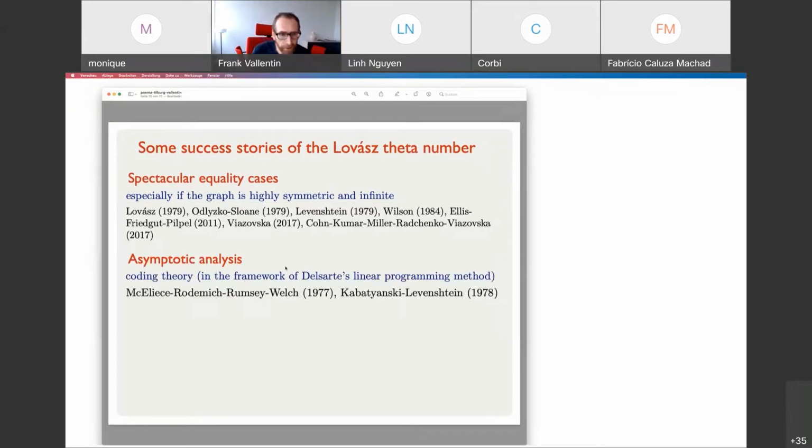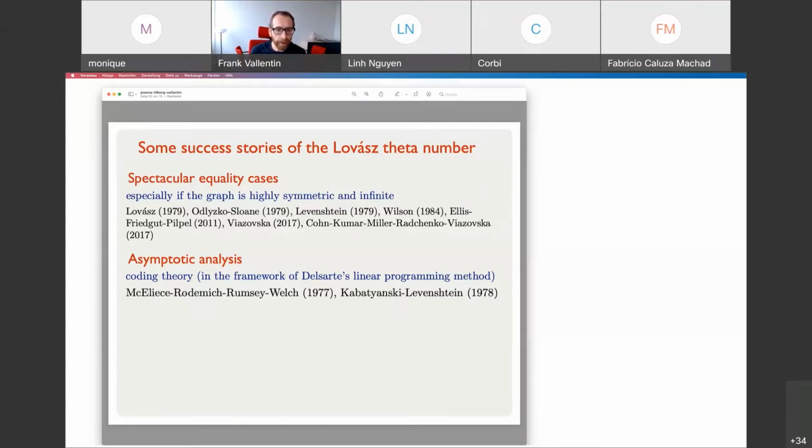Another success story is the success story of asymptotic analysis. Sometimes it's possible to analyze the quality of the theta number when some parameter n grows to infinity. This has been done in coding theory a lot, in the framework of the Delsarte linear programming bound, which is equivalent to the Lovász theta number.